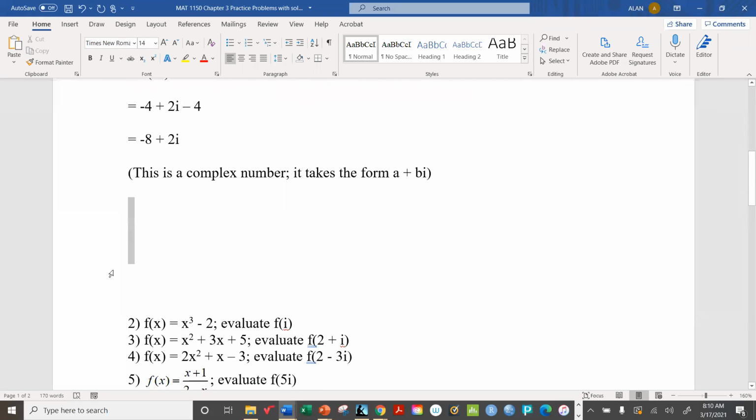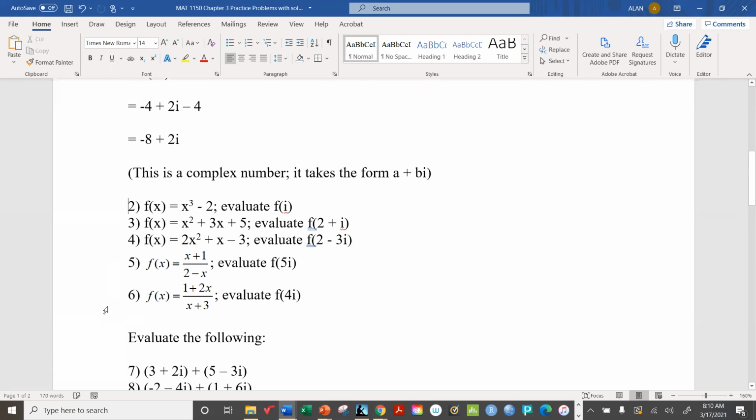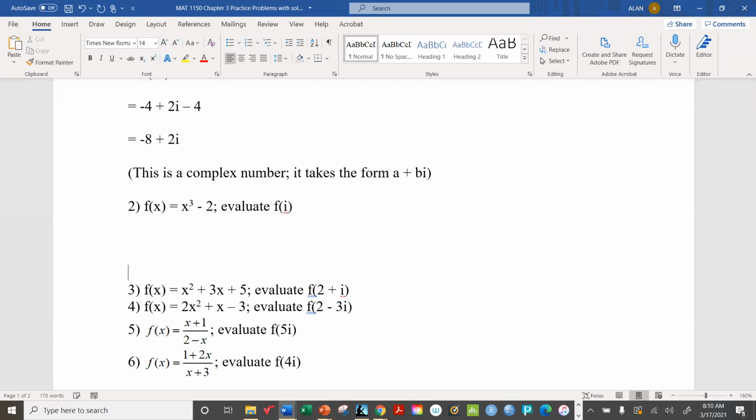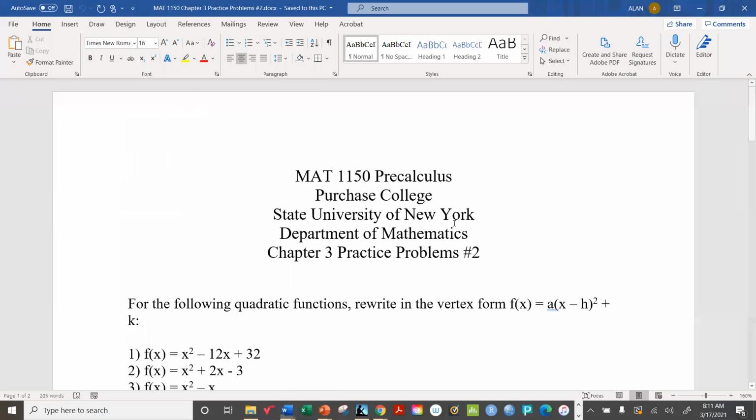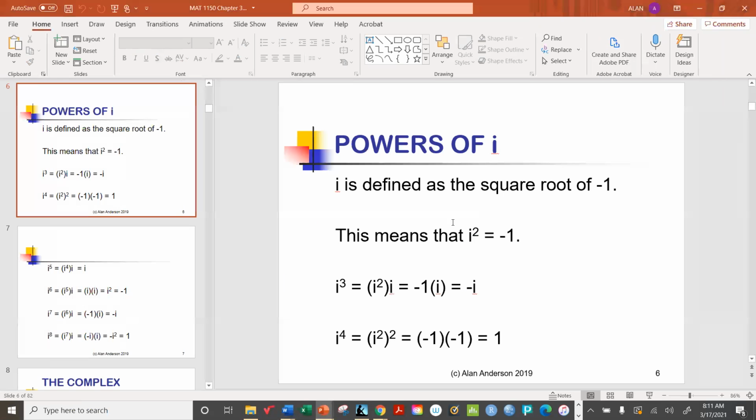Okay, mathematicians are very particular about certain things, especially the way expressions are written. Now here, remember what we're going to do is simply replace all the x's with i's. And so i cubed, let's go back to our list here, is -i.